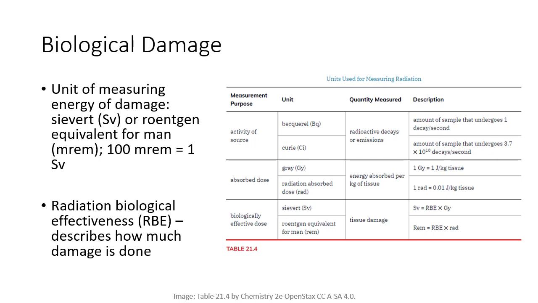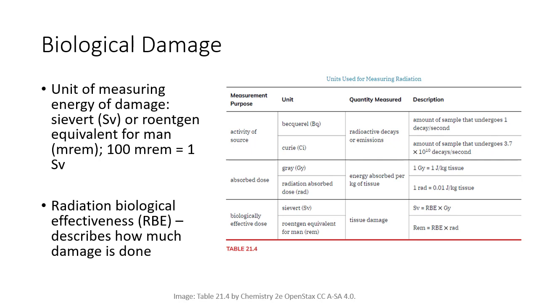So the radiation biological effectiveness, or RBE, describes how much damage is actually done by the radiation you were exposed to. If you look on the right, we have that nice little chart. The activity of our source, how much it's giving off, is measured in becquerel or curie. That's the number of decays that are happening. Then we have our absorbed dose, which is the joules per kilogram of tissue. But then we also have the biologically effective dose.